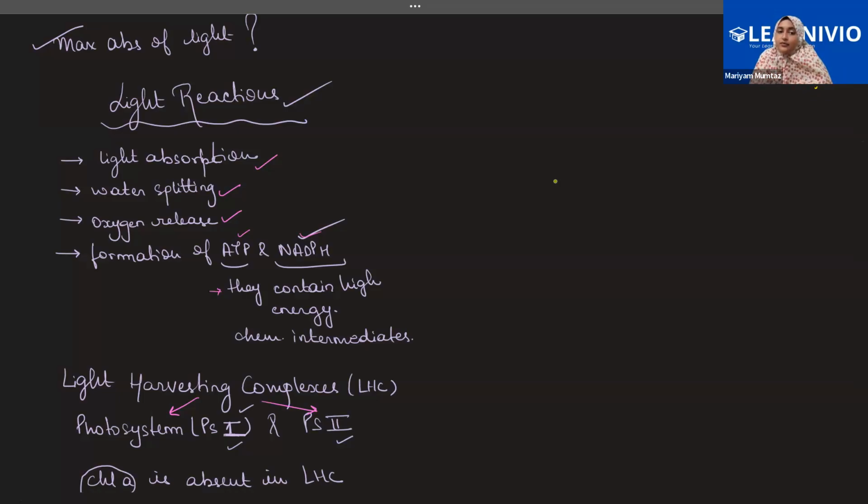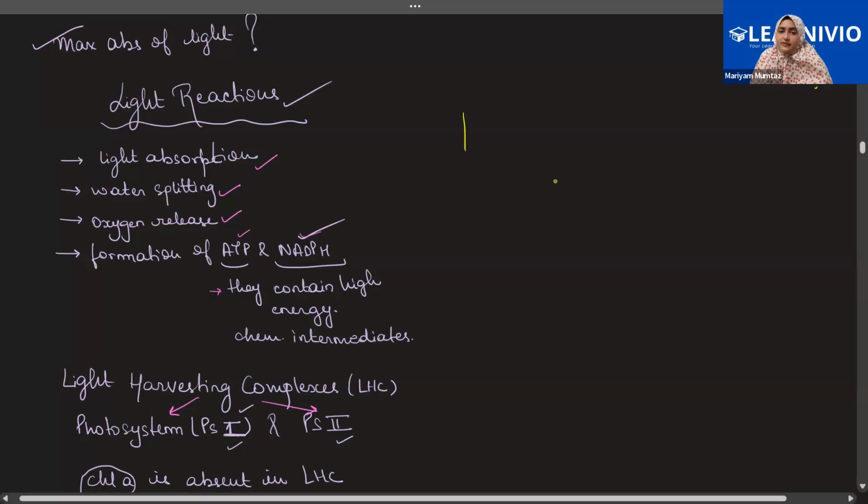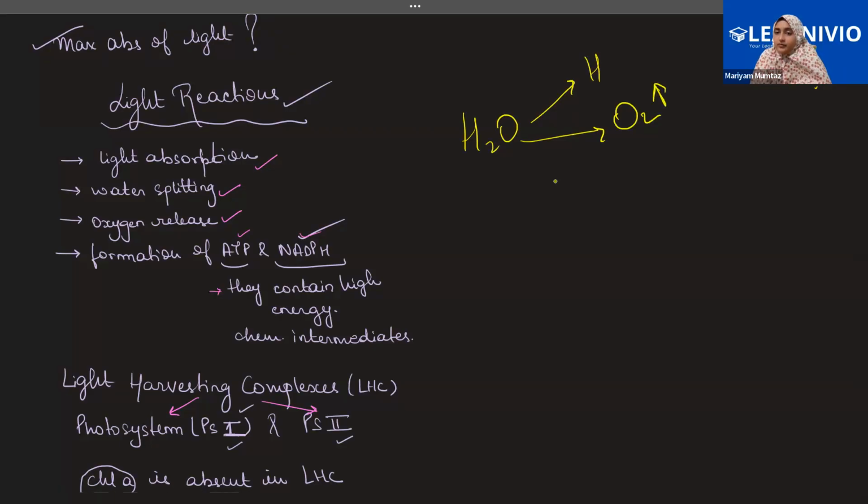At the same time, water splitting takes place, meaning the water molecule splits into hydrogen and oxygen components. Oxygen that is formed by the splitting of water is released, right? Because that is the oxygen that we use for breathing purpose.